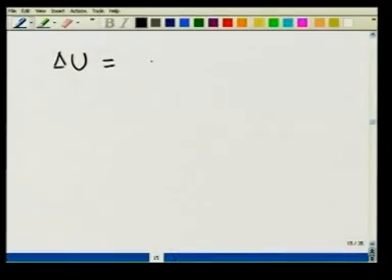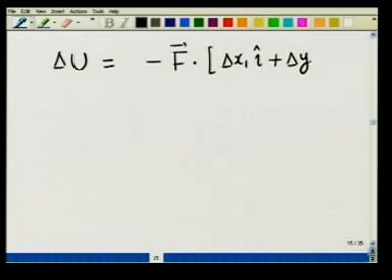So between 2 points I am defining delta u, which is equal to minus F dot (delta x1 i plus delta y1 j plus delta z1 k).